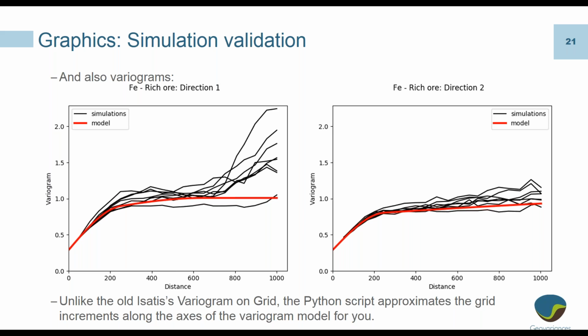But in the old Isatis variogram on grid, if you had a rotated variogram model, you didn't know what grid increments you should use to match the rotation of your model. And the script that I have will approximate them for you. So you just have to give your rotation, say what lags you want, and it'll approximate the grid increments and generate these plots accordingly.